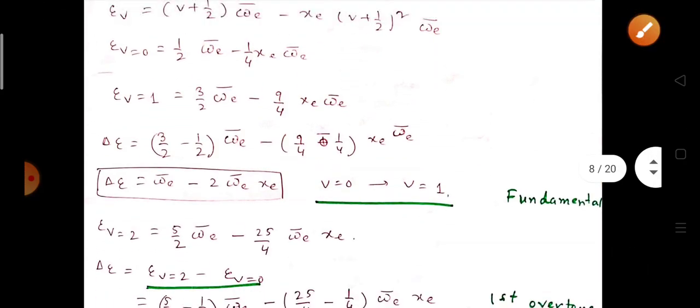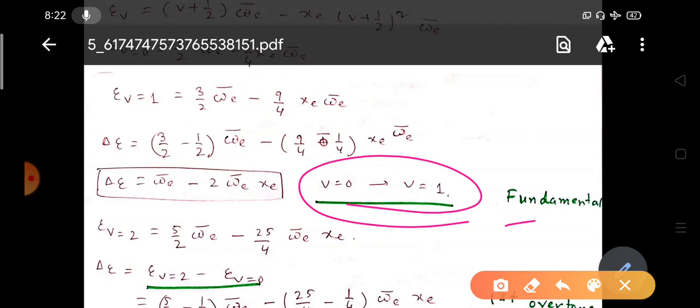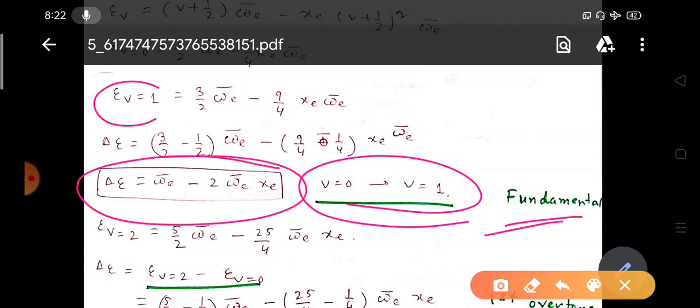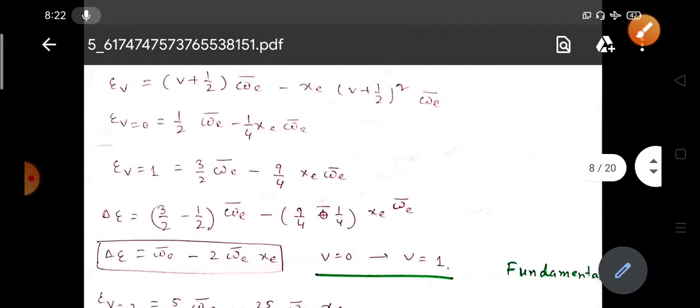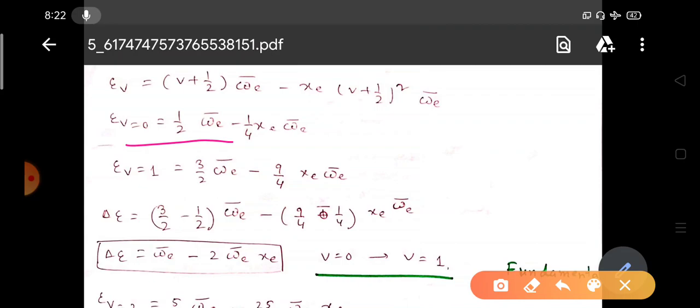Now for V equals 0 to V equals 1, this is called the fundamental band, where we get the energy for V equals 1 as 3 by 2 omega e minus 9 by 4 xe omega e, and for V equals 0 we get E as half omega e minus 1 by 4 omega e xe. You have to take the difference between the two to get the fundamental band.